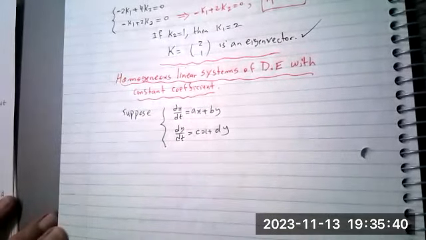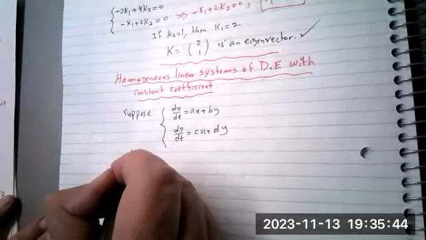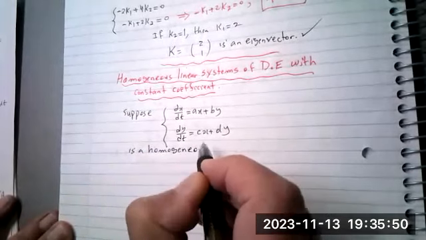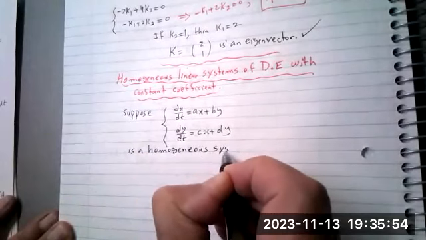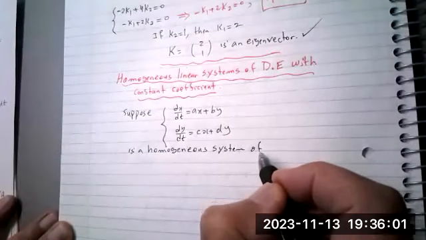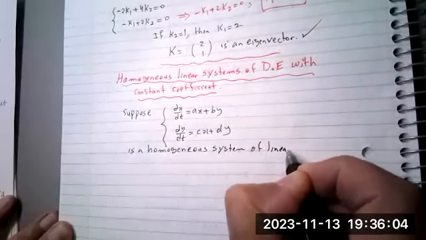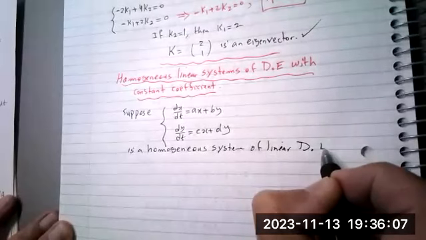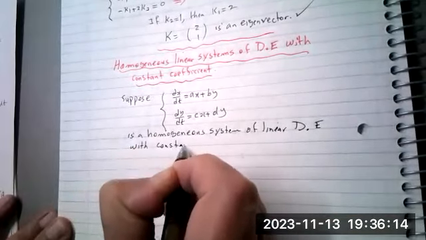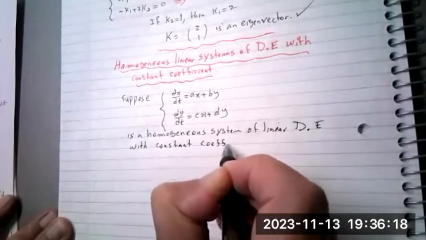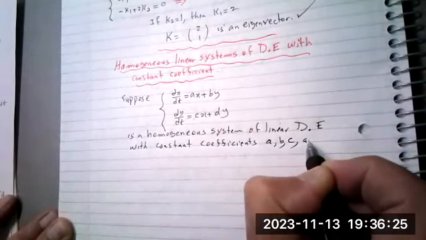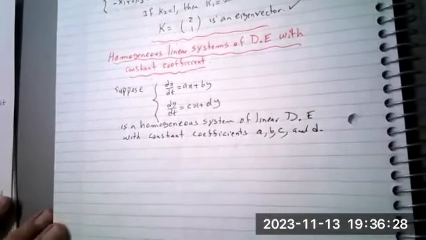There is no extra term, so it's a homogeneous system of linear differential equations with constant coefficients, which are a, b, c, and d.